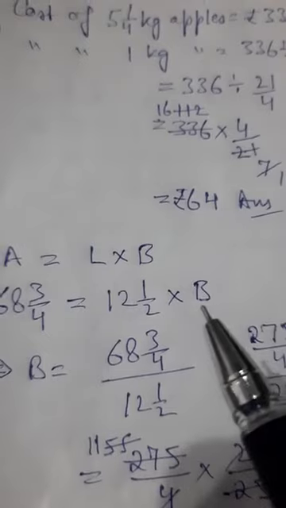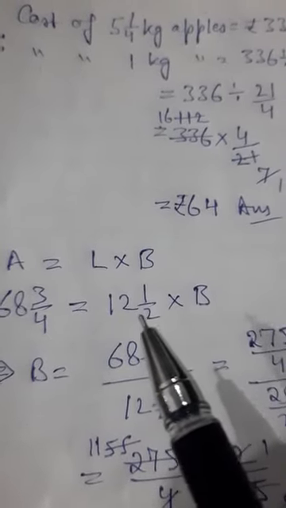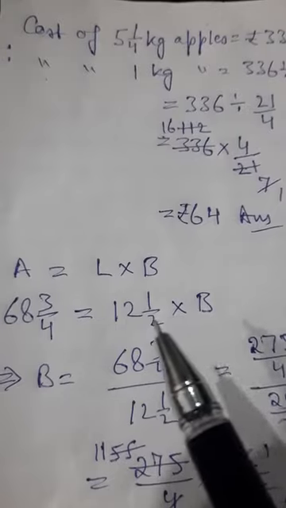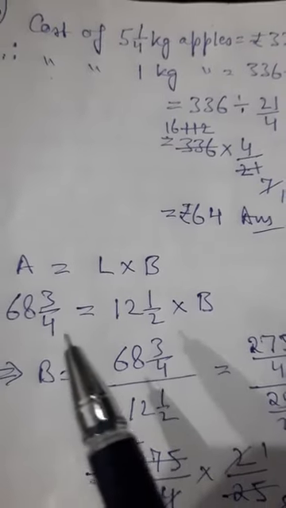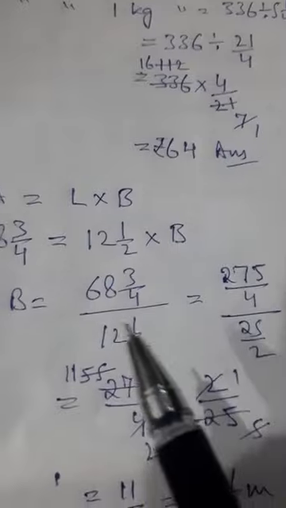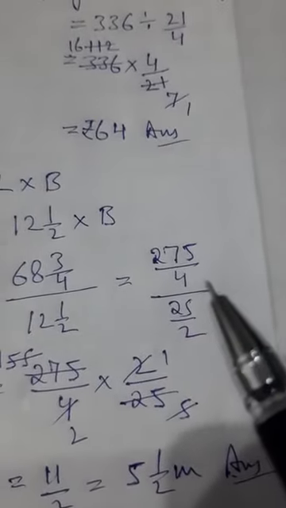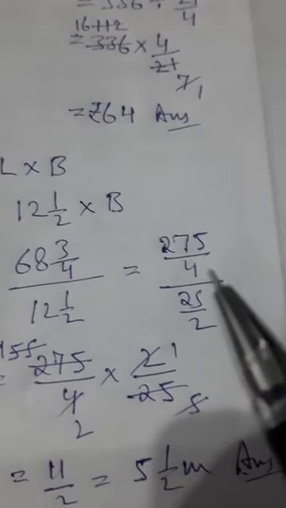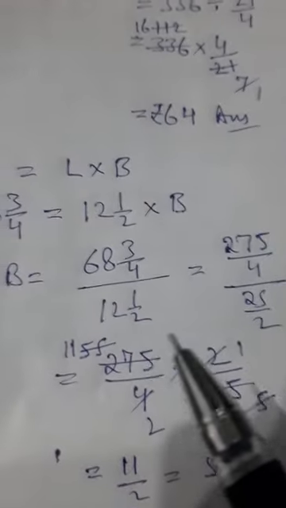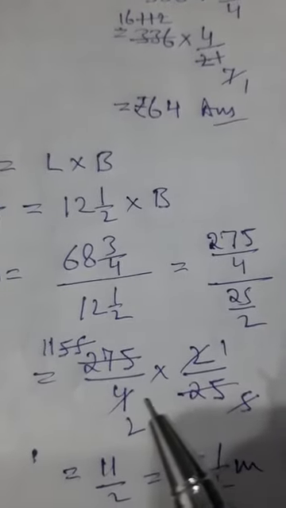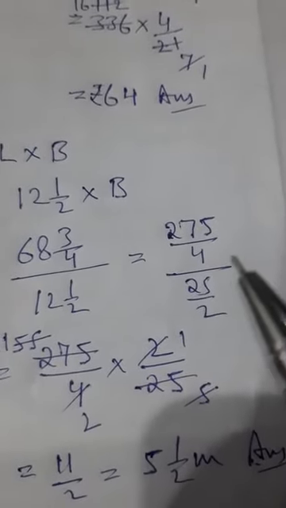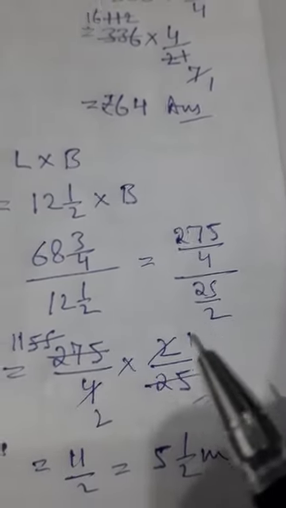Now to find breadth we have to shift this to the other side, so it is multiplying here. When it goes to the other side it will divide. So b equals this divided by this. Now both are mixed fractions, convert them into simple fractions, and then the numerator is 275 by 4, write as it is, multiplied by the reciprocal of this, that is 2 upon 25.